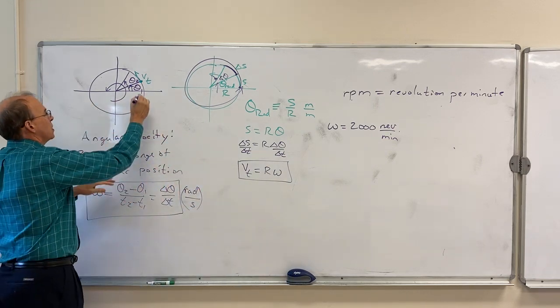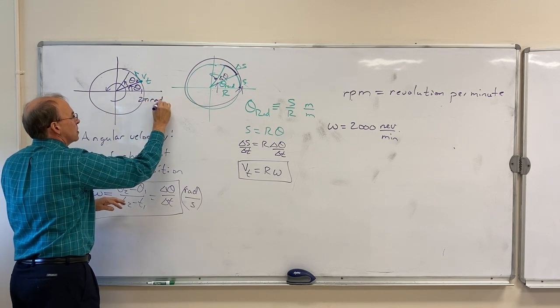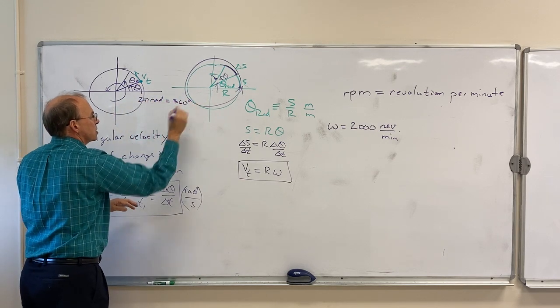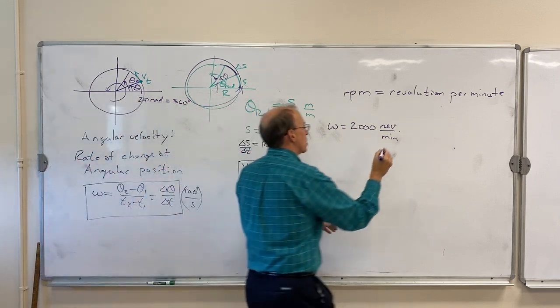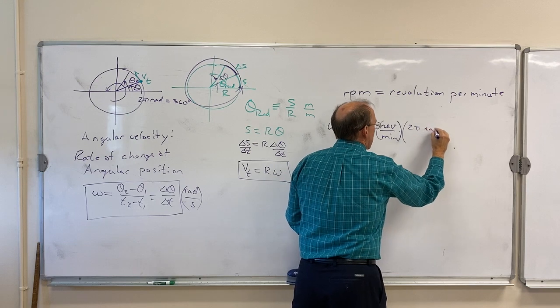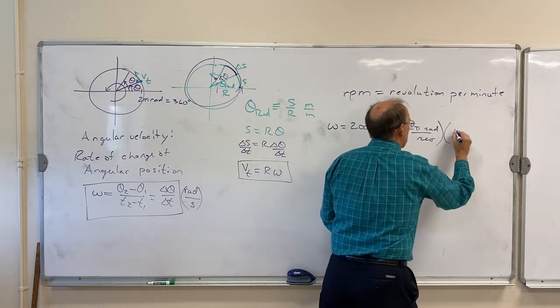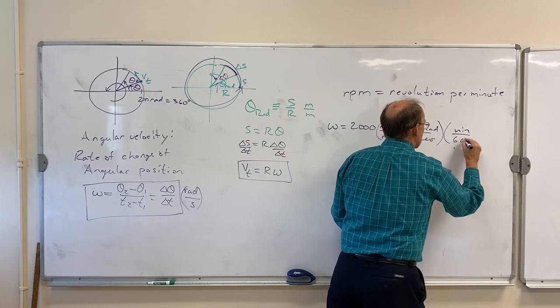So you've already learned that all the way around is 2 pi radians, which by the way is also 360 degrees, just in passing. So 2,000 revolutions per minute times 2 pi radians per revolution times a minute per 60 seconds.